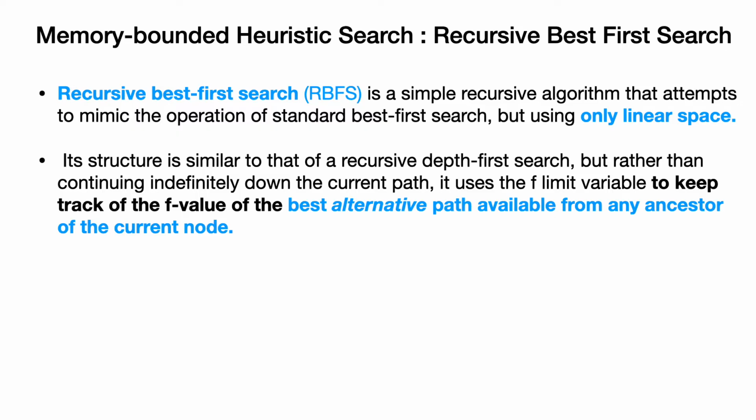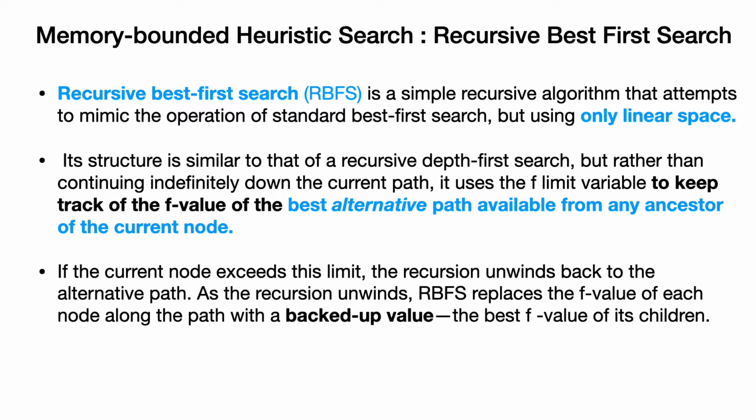We do this for a particular purpose: we need to go back if we fail in the current node expansion. So it always keeps a backup of the second best alternative path which it can pursue. So every node has its f value and also an alternative path f value.